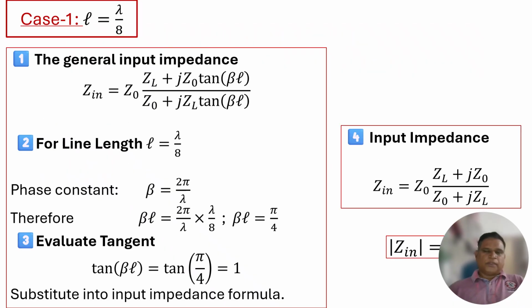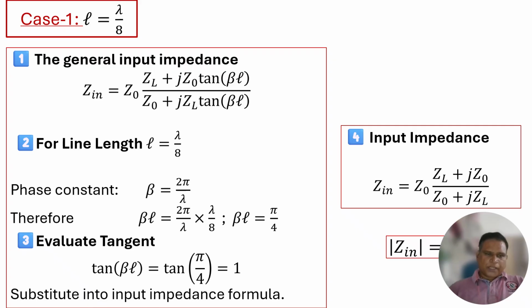For case 1, the transmission line length L is equal to lambda by 8. The general input impedance Zin is obtained by substituting L is equal to lambda by 8 in the input impedance equation. Beta is the phase constant, beta is equal to 2 pi by lambda, where L is equal to lambda by 8. Therefore, beta into L is equal to pi by 4.